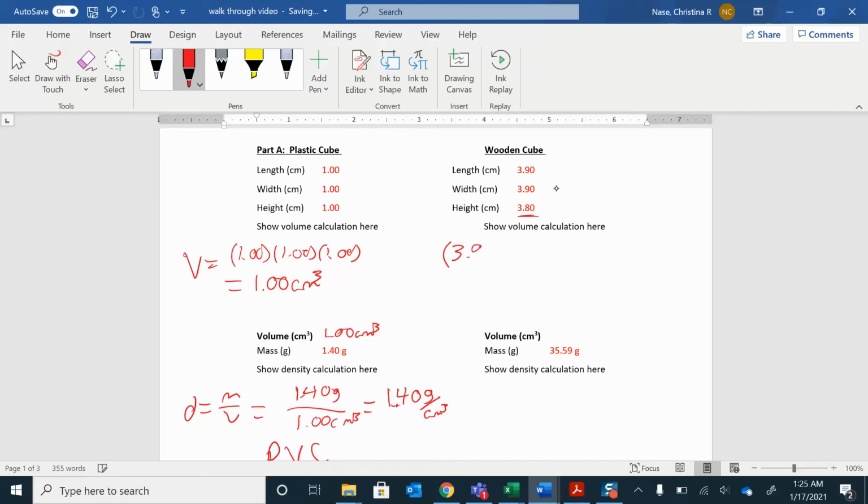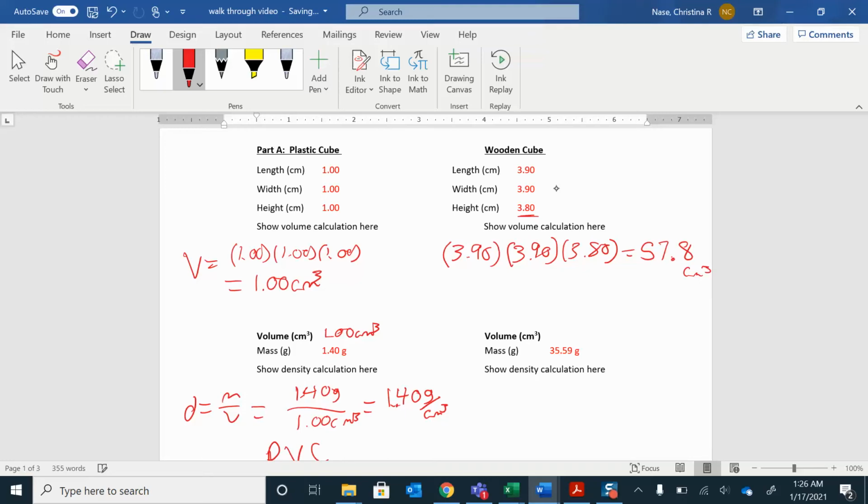You can still do this. Find the volume with that. Great. So when I do 3.9 times 3.9 times 3.8, I got 57.8, and that's in centimeters cubed.